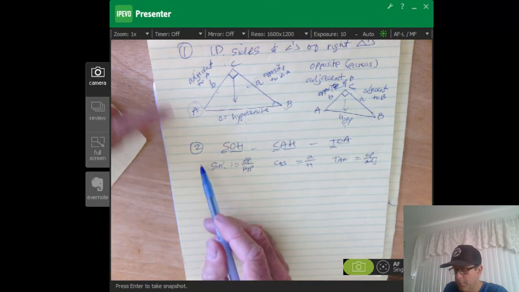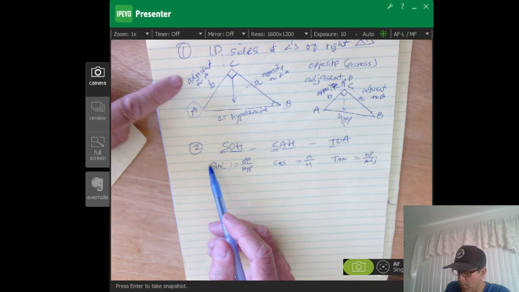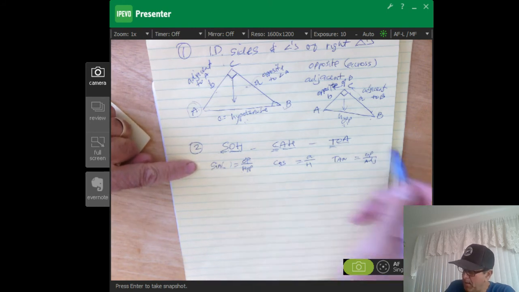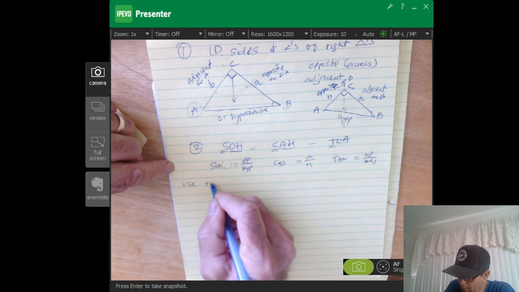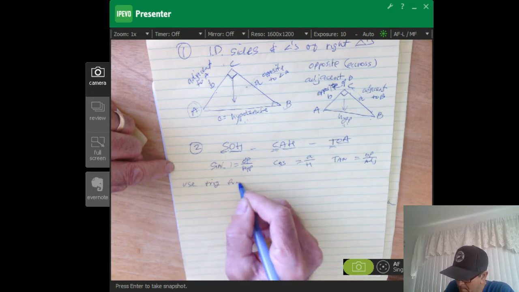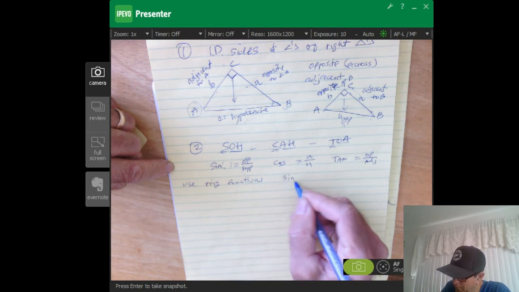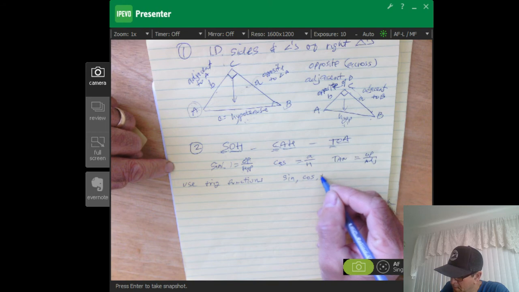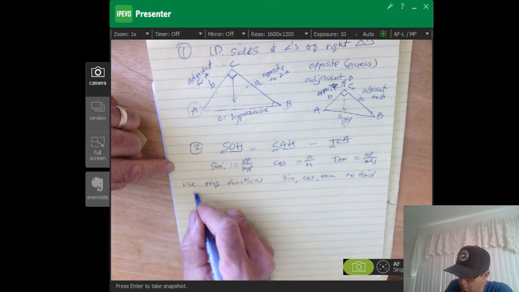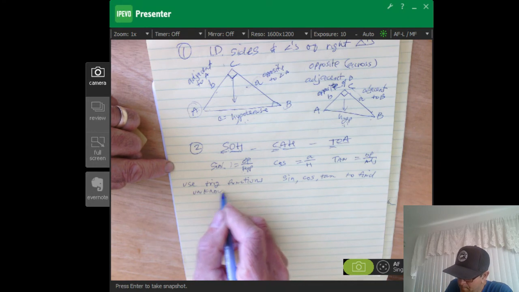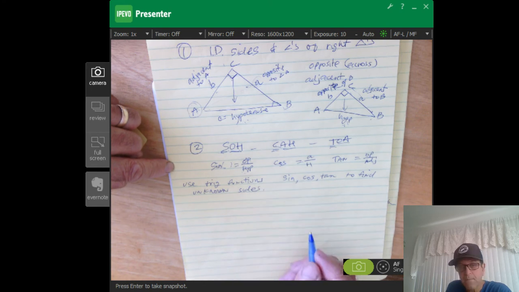Okay. So you're going to use the sides that you've identified along with one of the angles and these trig functions in order to find the sides. So you use the trig functions, trig ratios, that's the sine, cosine, or tangent, to find unknown or missing sides.